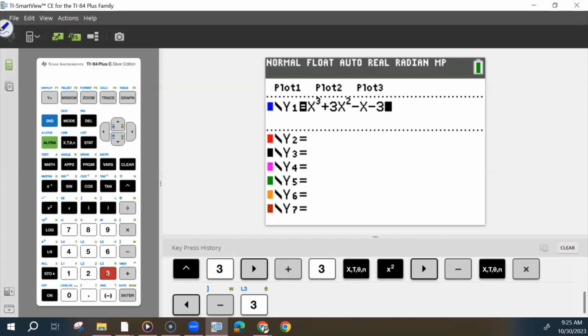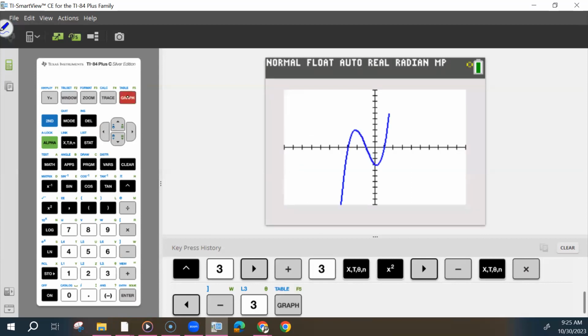And then graph this. It's asking which is not a 0. So again, we're looking for x-intercepts. The ones that are x-intercepts are -1, -3, and 1. So which one is not?